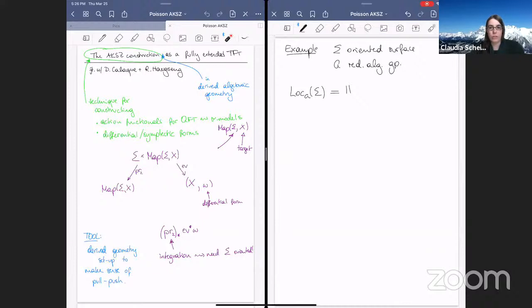So if you're on a surface or a manifold, then maybe an orientation will be something like a volume element. But for us, sigma will really always be some nice manifold. I mean, we will want to have a topological field theory. So sigma will be some sort of cobordism, so it will be a smooth manifold. So there, by orientation, I really mean some volume form, top dimensional form. Yes. Right. Thank you, Pavel.